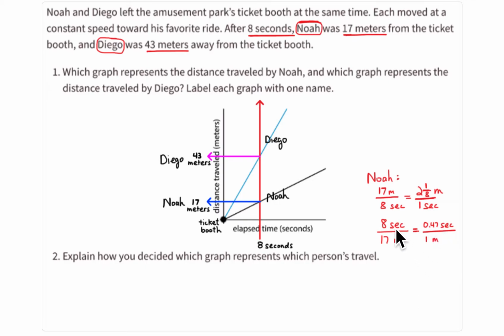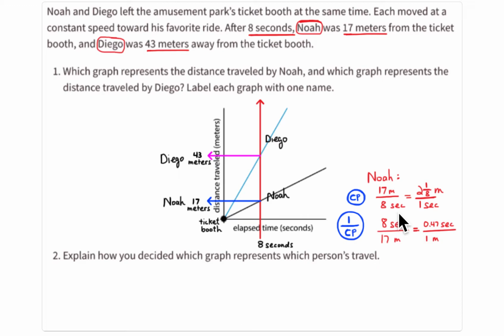So it takes him 8 seconds to travel 17 meters. That means that it takes him about a half a second, 47 hundredths of a second, to travel 1 meter. So notice that these are reciprocals. This is about 2 meters in 1 second, and this is about a half of a second for 1 meter. The reciprocal of 2 is 1/2.